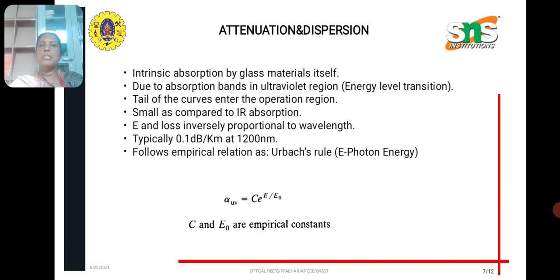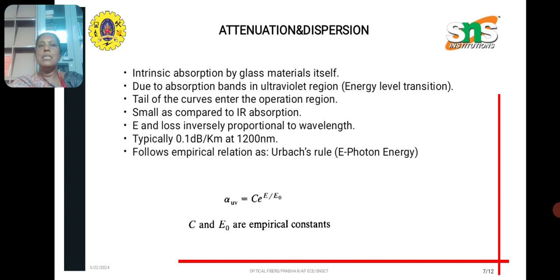And if we see the absorption, the first case is intrinsic absorption, and it is by the glass material itself, and it is due to absorption bands in the ultraviolet region, and the tail of the curves enters the operation region. The intrinsic absorption is small when compared to IR absorption.